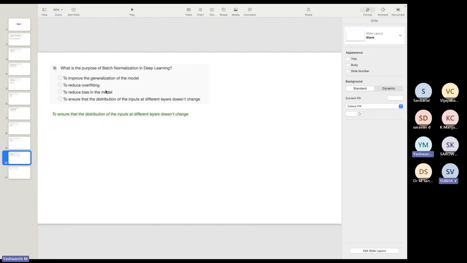I'll explain in a bit more detail why this was introduced and what is the potential reason for it helping. Any answer?